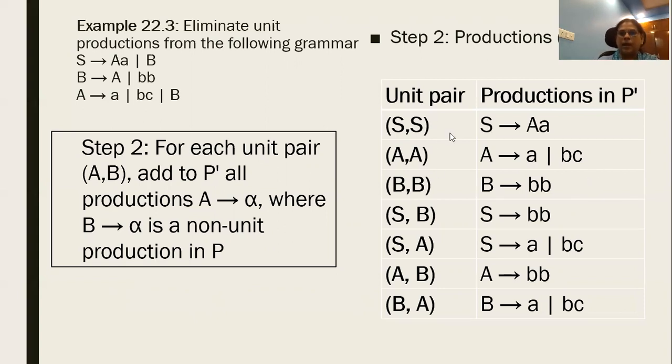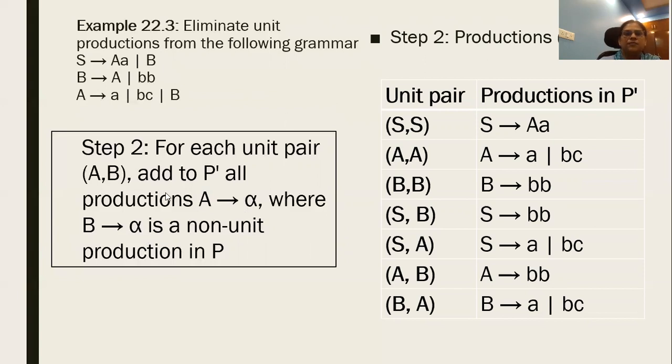We have listed all the unit pairs identified in the previous step. What this rule says is that if you have identified a unit pair (A, B), then you add to the right hand side of A all the productions which are already there on the right hand side of B.